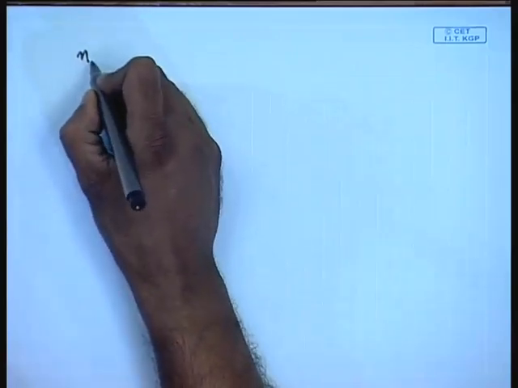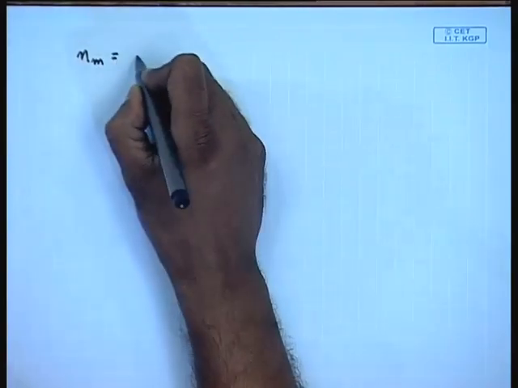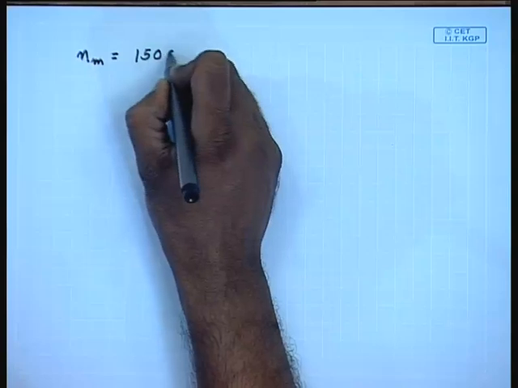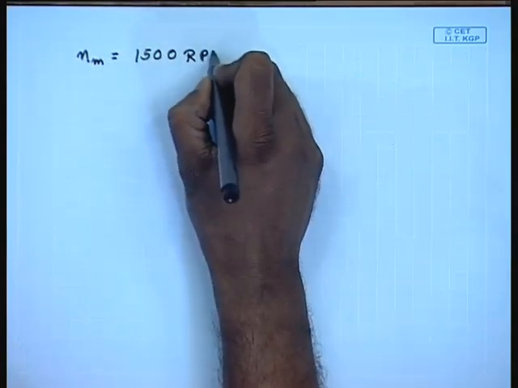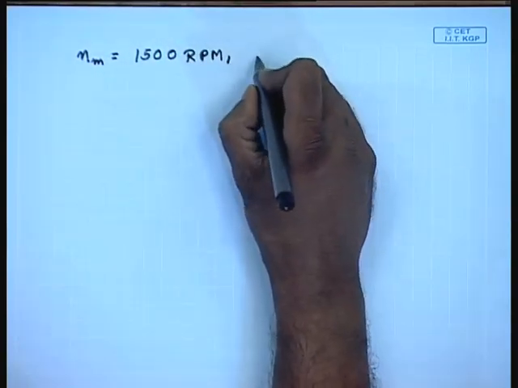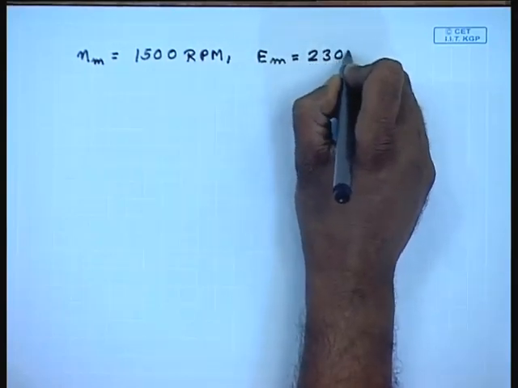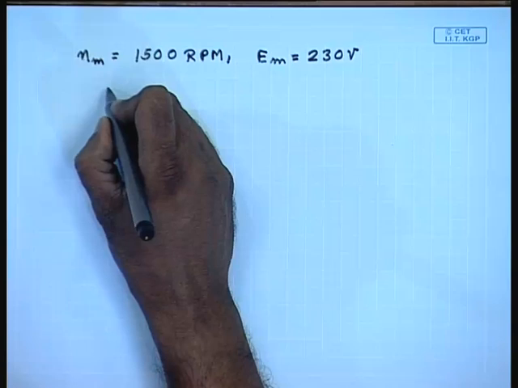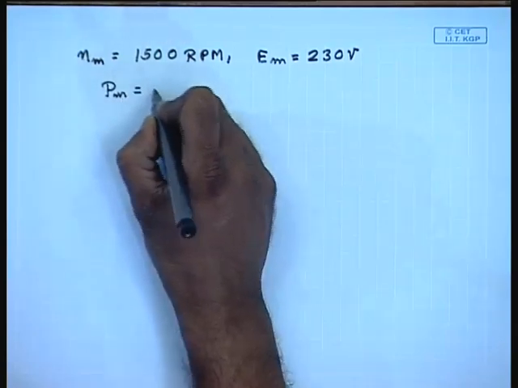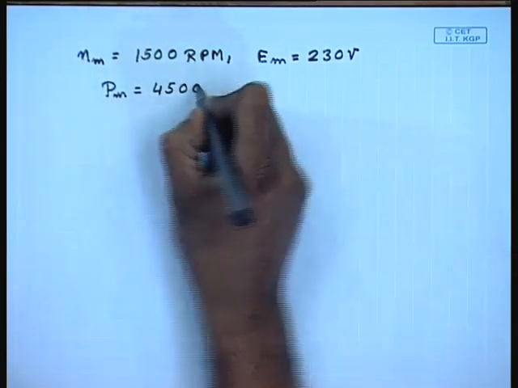Similarly, for Nm equal to 1500 rpm, Em in that case we know is equal to 230 volts. So, Pm equal to 4500 watts.